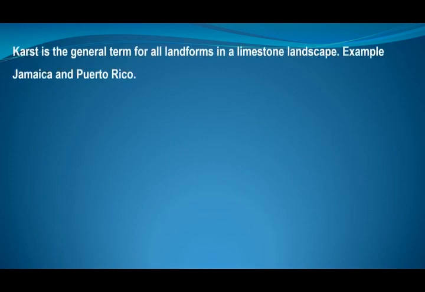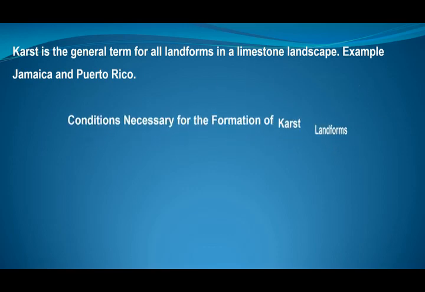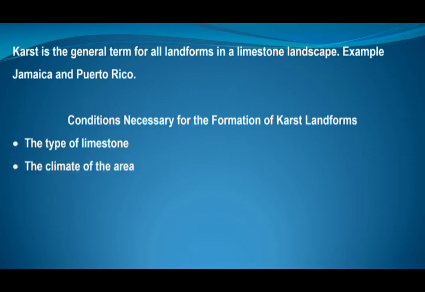So as I said a while ago, karst is the general term for all landforms in a limestone landscape. A very good example of this are Jamaica and Puerto Rico. Now, the conditions that allow for limestone landforms or karst landforms to be formed have to do with the type of limestone, the climate of the area, and like I said, if it's a warm climate, the rate of solution is going to be greater.